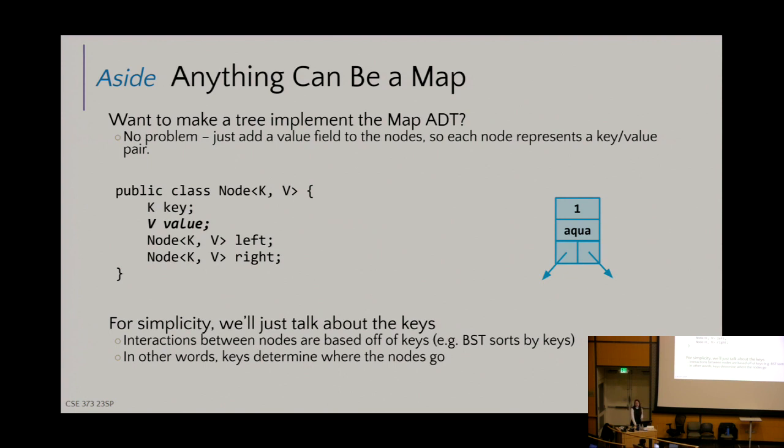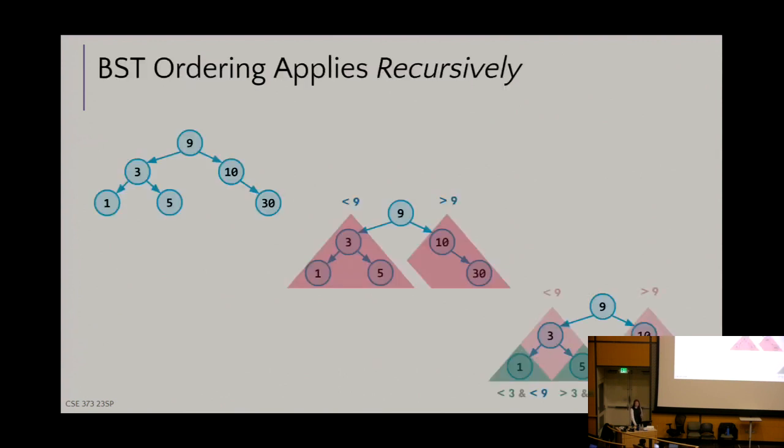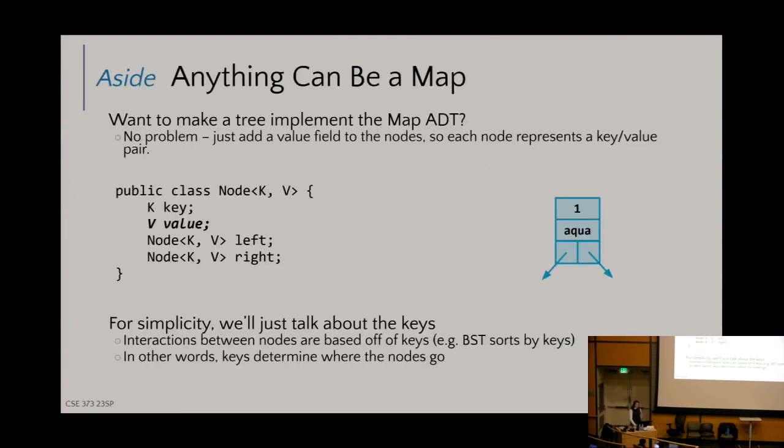This is an aside because if you can't tell, I'm just using numbers here, but I am going to be talking a lot about how to implement the map ADT, just like we've been doing with our hash tables. With hash tables, I would give you little parentheses and then a thing, comma, a thing. You can imagine a binary search tree node that's like this, where it's got 2 data fields, one that's the key, one that's the value, and then it's got 2 child node fields, a left and a right.